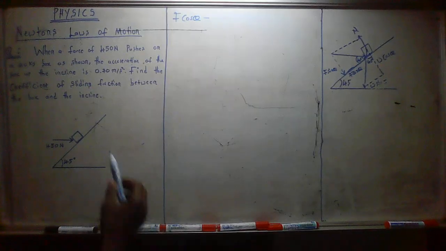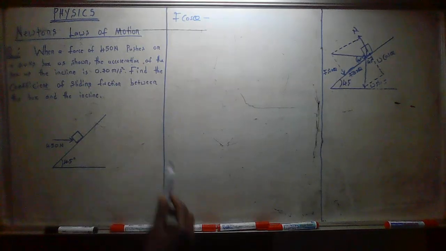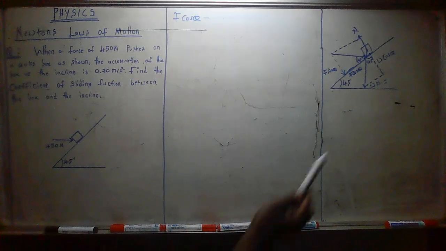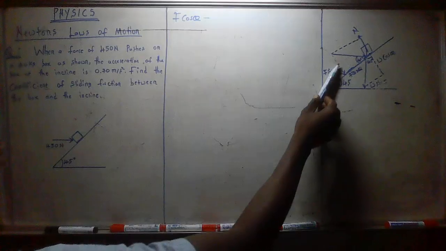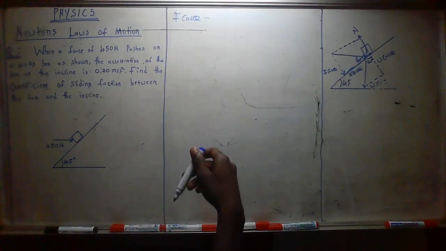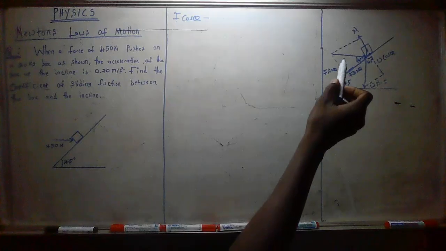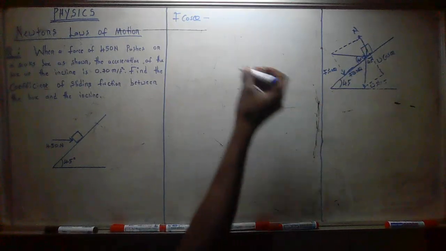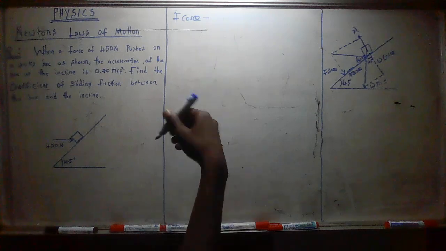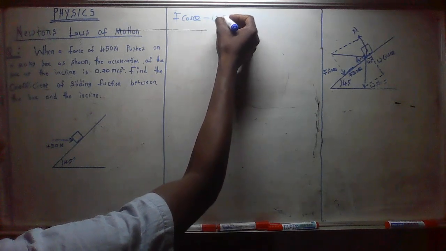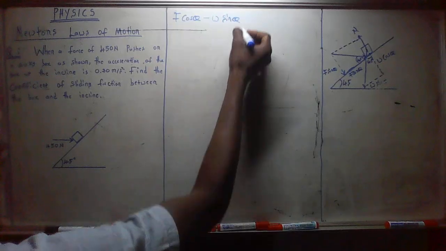Because when something is laid to slide, the force causing it to move downward will be this force. So as this box is moving upward, this force will be acting in the opposite direction, trying to pull the box downward, right? So in this case, F cos theta minus W sin theta.